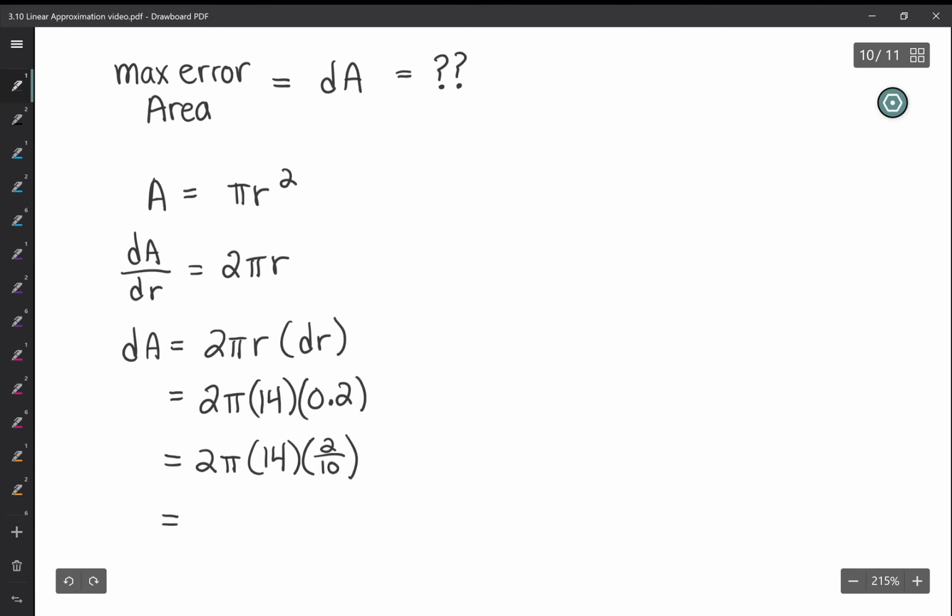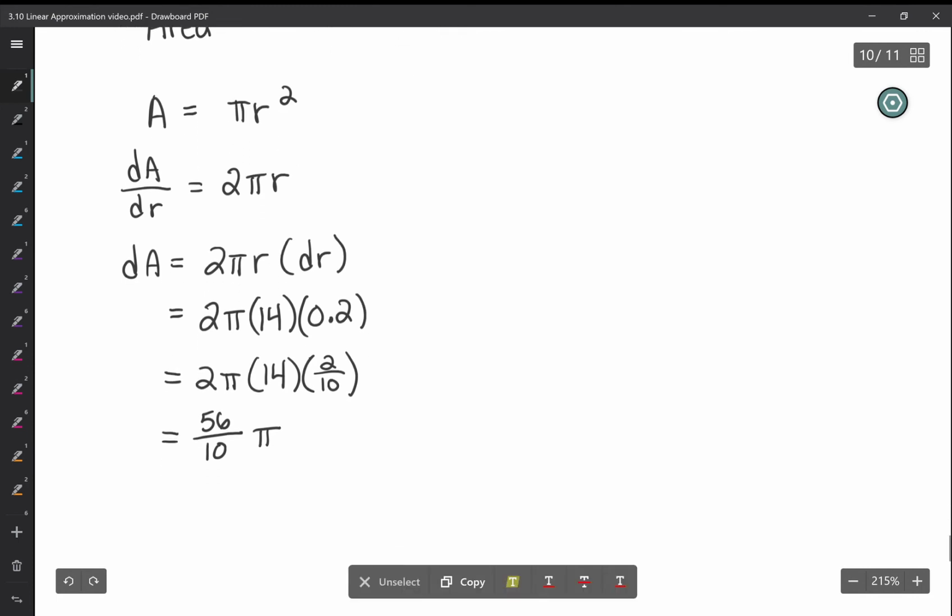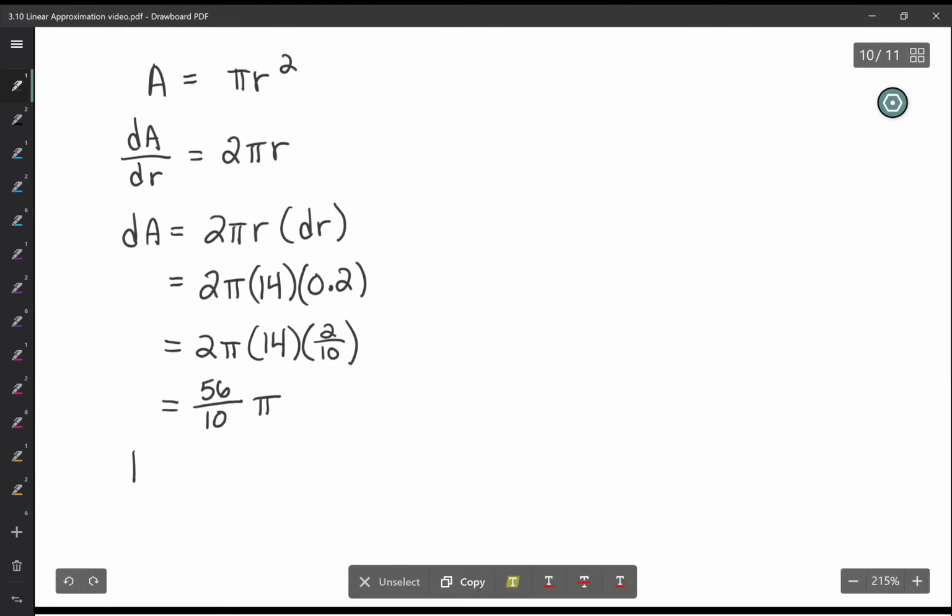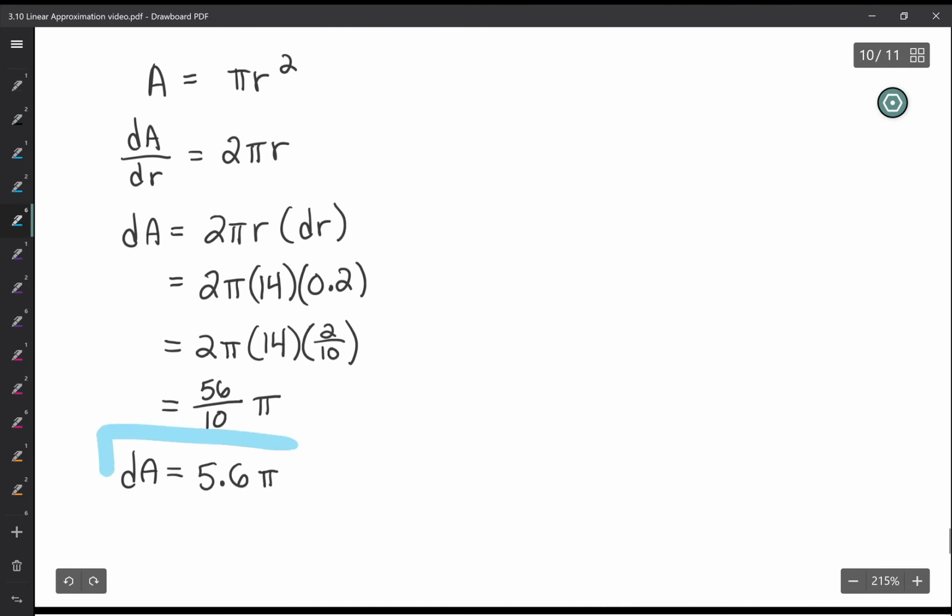So that's 2 times 14, which is 28 times 2, is 56 over 10 pi. So dA is equal to 5.6 pi. And that is the maximum error for the calculated area.